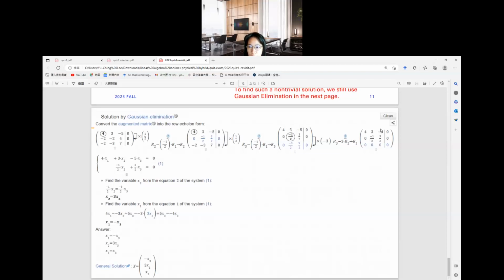So this fourth matrix right now is an echelon form. I can check this is an echelon form because the bottom left elements now become zeros. So this is an echelon form.